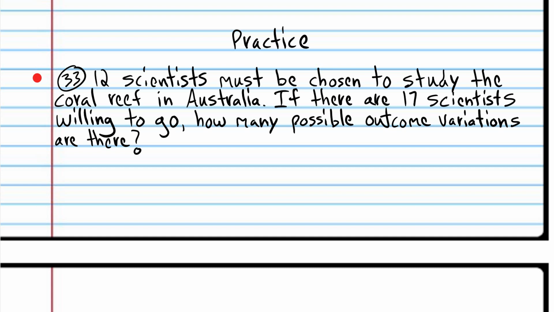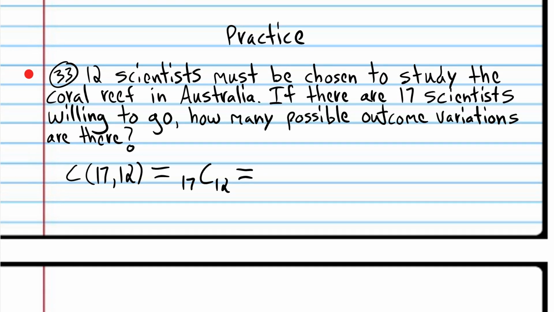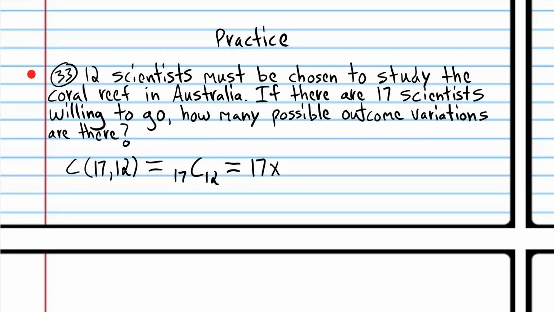So now we're going to write C for combination. P stands for permutations, because we were counting permutations in the previous problems, but now we're not counting permutations. So we write C for combinations, and actually that should be 17, 17 comma 12. So 17C12. What we're doing is we have 17 options for the first scientist. Then once we choose the first scientist, we only have 16 for the second, and so on and so forth.